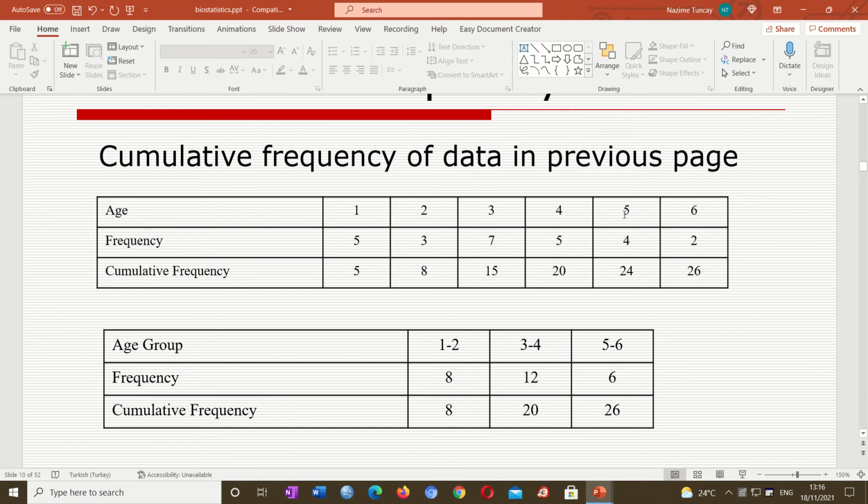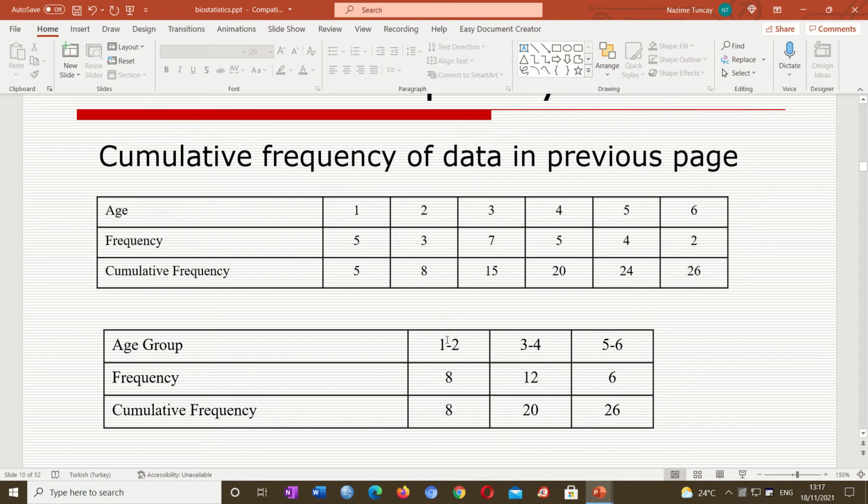So 5, children with age 5. All the children with age 1, 2, 3, 4, and 5 is cumulative frequency, and the number of children with age 1, 2, 3, 4, 5 is, as you can see, 24. Now here, 6. This is all the children until this age. Children with age 1, 2, 3, 4, 5, and 6. Altogether, I have 26.